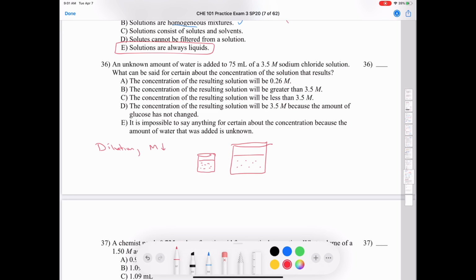Now I have the same number of particles, but I have a lower molarity, right? The molarity has decreased because I have the same number of particles, but dividing by a larger volume. So if my denominator increases, but my numerator remains the same, my concentration is going to drop. So it says here, the concentration of the resulting solution will be less than 3.5 molar.